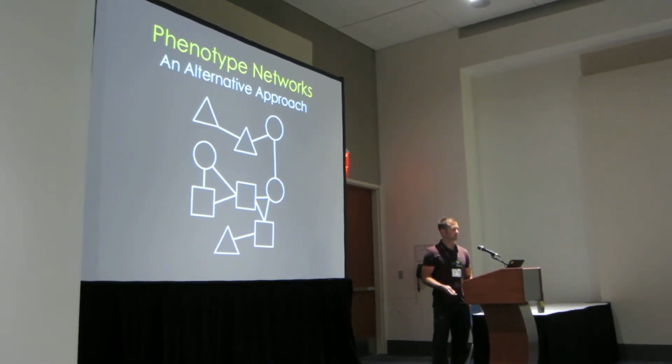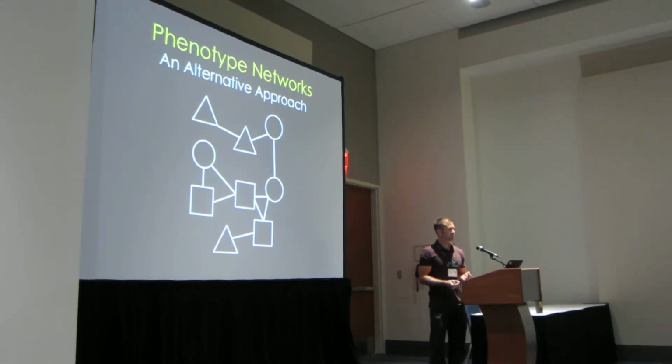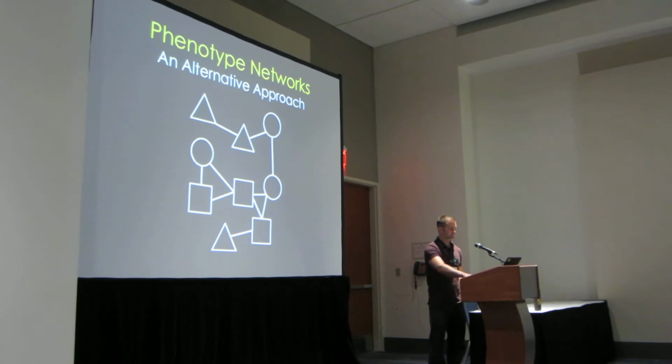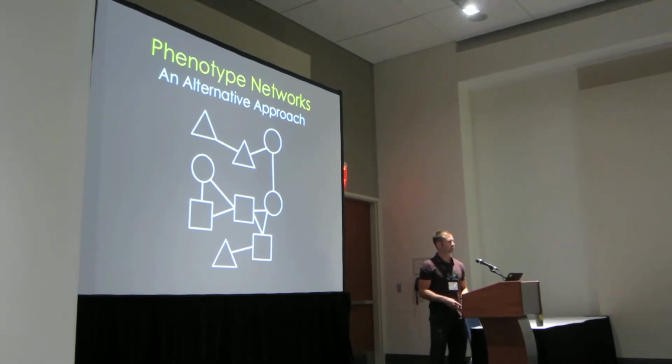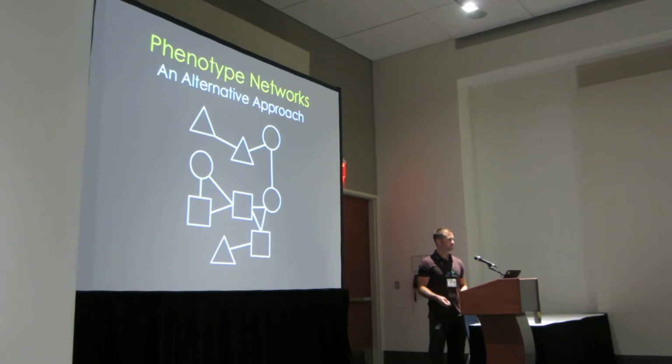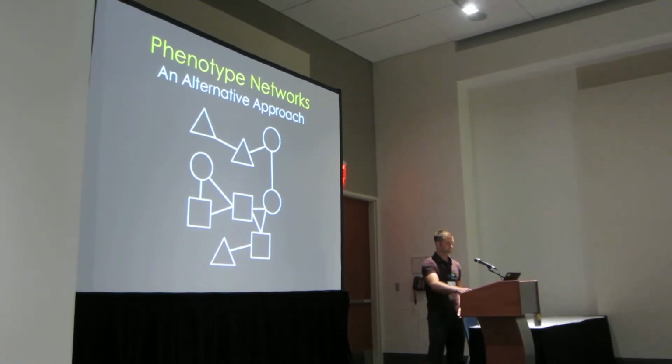So here different shapes represent different modalities, and for example, two different triangles represent two different dimensions of color. And we can look at broad population patterns of relationships between traits to infer something about the redundancy of these traits.